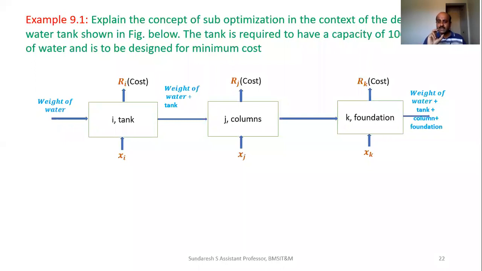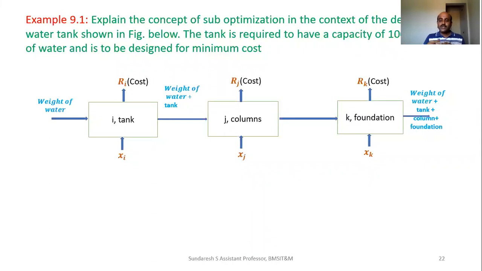If I start optimizing the columns and choose steel of less cost, that will give a load on the foundation. The foundation has to be very huge, then we cannot minimize the cost of the foundation. So this is the one biggest problem if you don't move in a logical procedure.